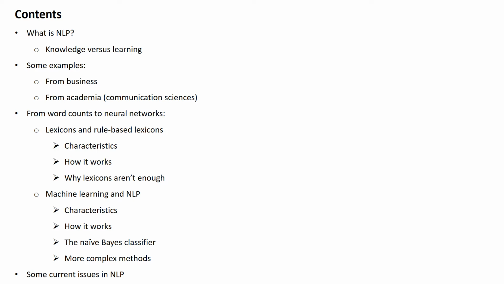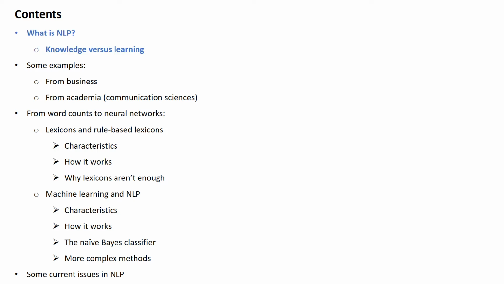And then we're also going to talk about machine learning in NLP, which is basically constructing predictive models for language processing. And lastly, I'm going to talk about a couple of issues in NLP, a couple of points where the field is struggling, or some typical examples of bottlenecks when it comes to NLP analysis.